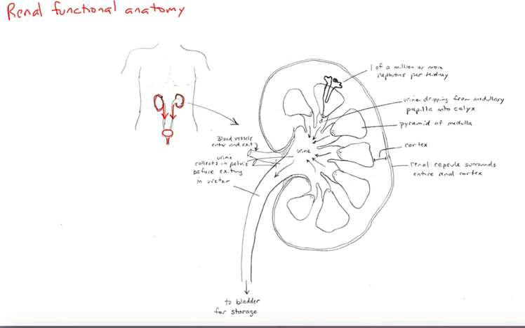It's not shown here other than our blood flow in and blood flow out vessels. We've got blood flow in and blood flow out, and our blood flow in, that vessel is going to branch and branch and branch until it reaches the vessels that are going to supply the very beginning of the nephron.